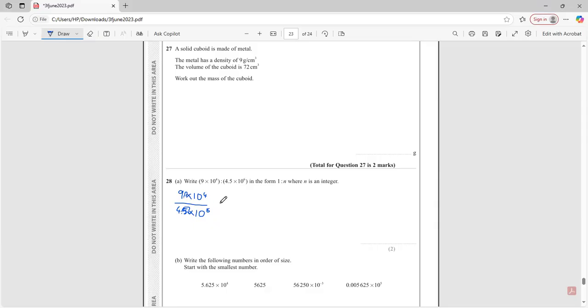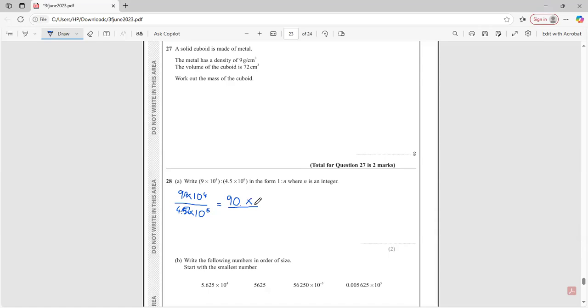Okay, so I know I didn't write the 0, but please just bear with me. There's a 0 right after the decimal point. So it will become 90, because the decimal point has moved over the 0 to here. But nothing happens to the times 10 raised to the power 4.